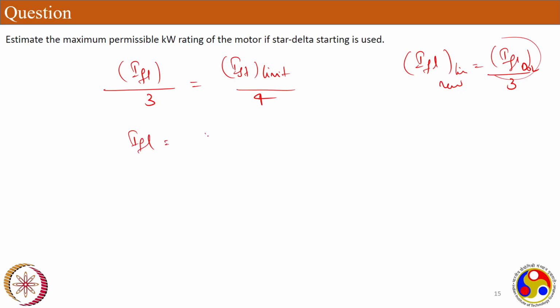Now this IFL is equal to 3 times 1000 by 4, 750 amps. Now again calculate the output.